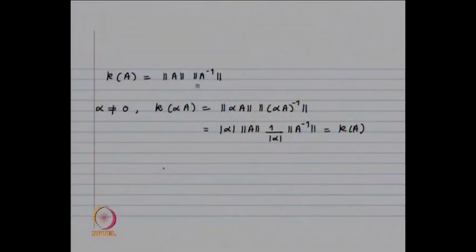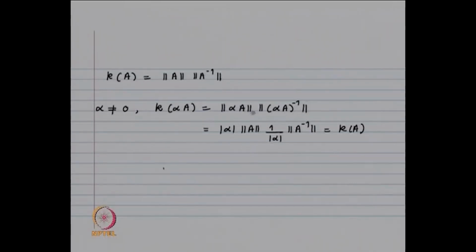Unfortunately, this multiplication of the coefficient matrix A by a non-zero number is not going to change the condition number, because you have norm A into norm A inverse. When you look at norm alpha A, you have to look at norm of alpha A inverse, and then you are going to have exactly the same condition number. So, kappa of alpha A is equal to norm alpha A into norm alpha A inverse.